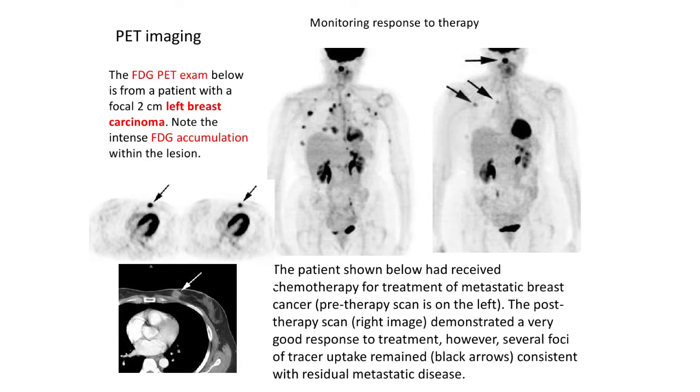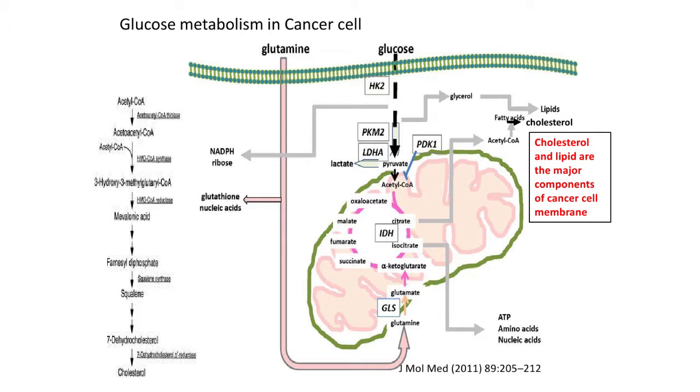Of course, another important amino acid is glutamine. Glutamine supplies the amino functional group. And most of the components need the carbon scaffold. So glucose is carbonized, and among them, I like to talk more about cholesterol, as mentioned.